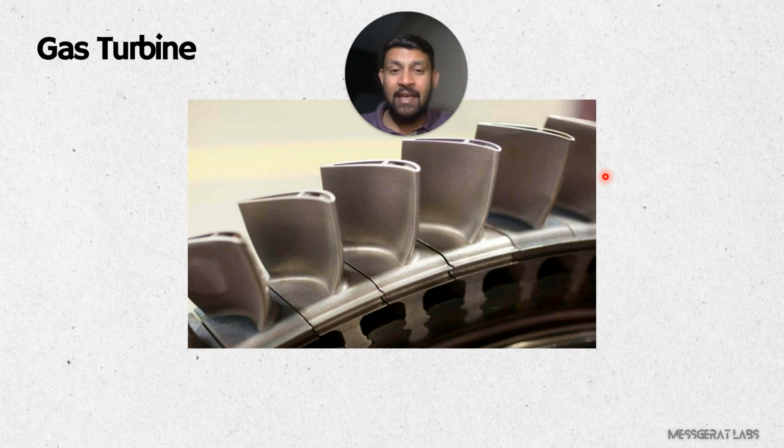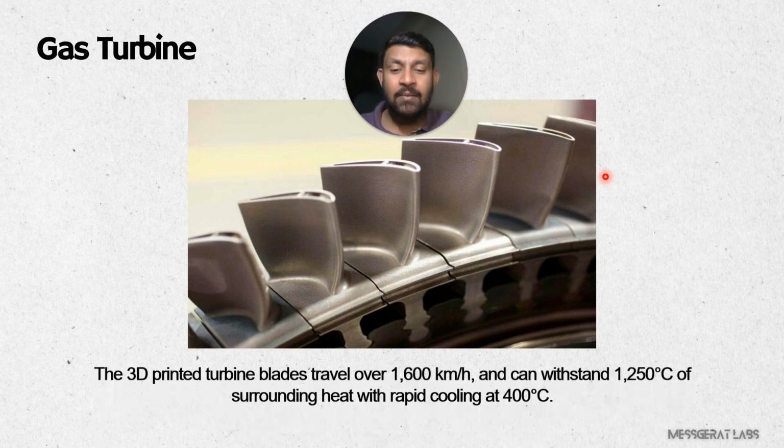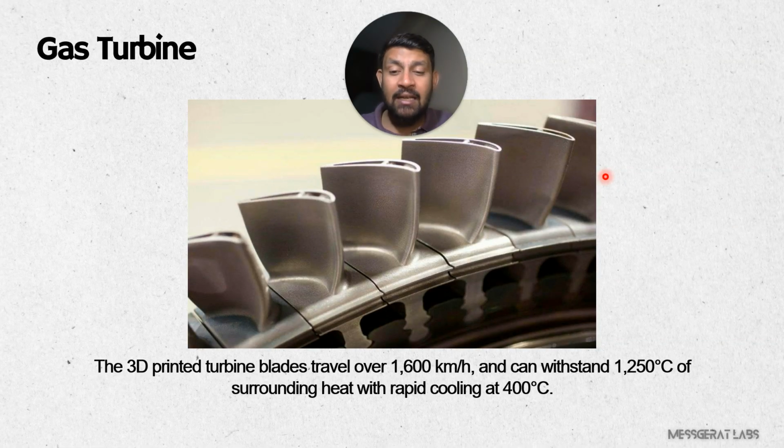We can make very fine, intricate features inside these blade structures, which work as cooling channels when the blade is operating. These blades operate at a speed of over 1600 kilometers per hour and are able to withstand 1250 degrees Celsius of heat.